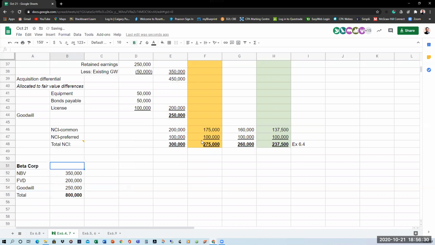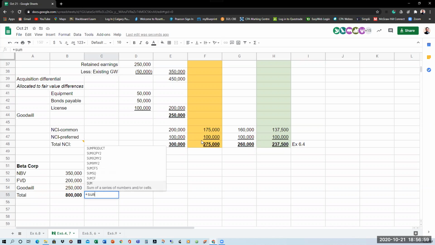Now, if you try to split it, if this is my total, the parent, Alpha, owns 75%. So what does Alpha own? Alpha owns 75% of 350,000, 75% of 200,000, and 75% of the goodwill, 187,500.